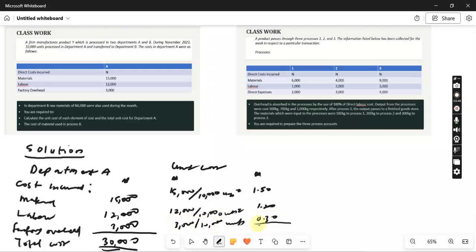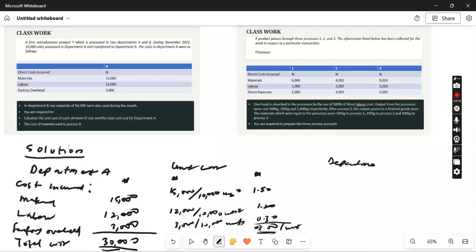So at the end of the day, we have a unit cost of 3 naira per unit. So this is the unit cost. We have the unit cost for department A as 3 naira per unit, based on 10,000 units.